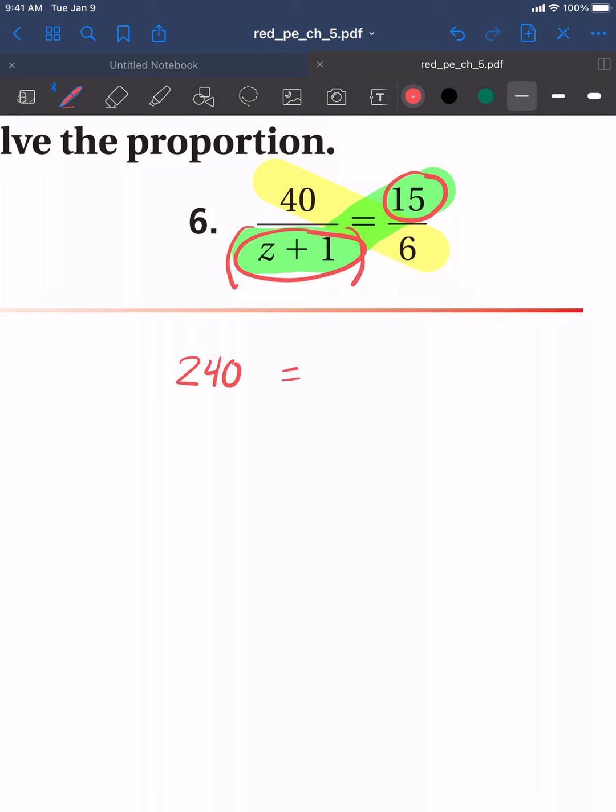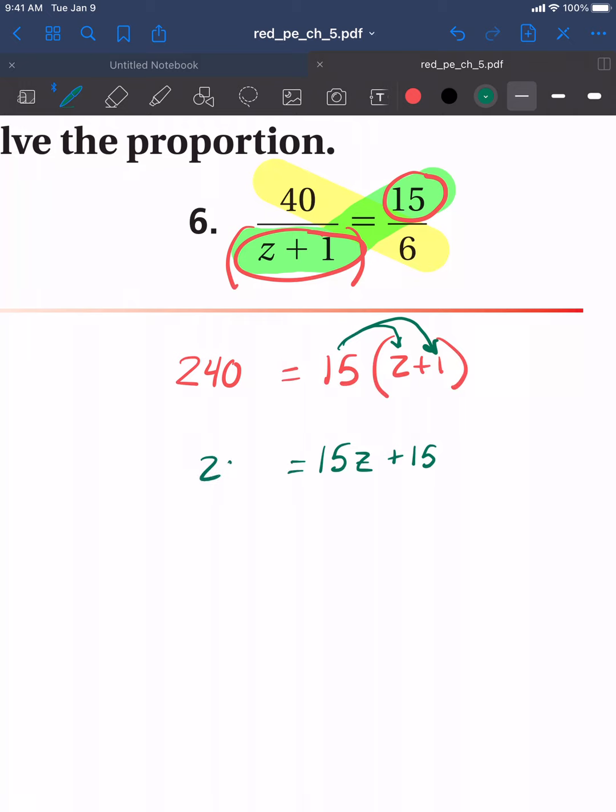Okay, so what it's going to look like on the other side of my equation is 15 times the whole thing. Now to solve, I have to do the distributive property. 15 times z is 15z. 15 times 1 is 15.